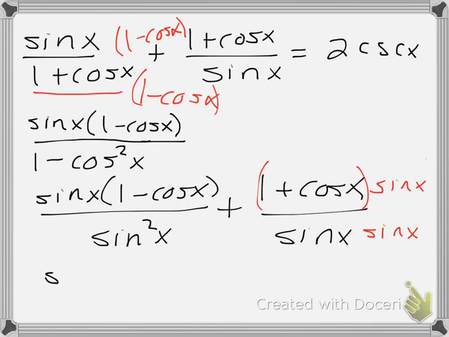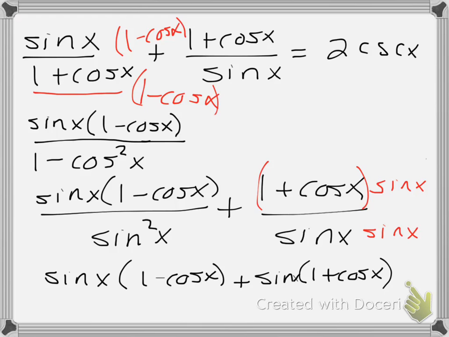From the first fraction I have sine of x times 1 minus cosine of x plus from the second fraction sine of x times 1 plus cosine of x over my sine squared of x.